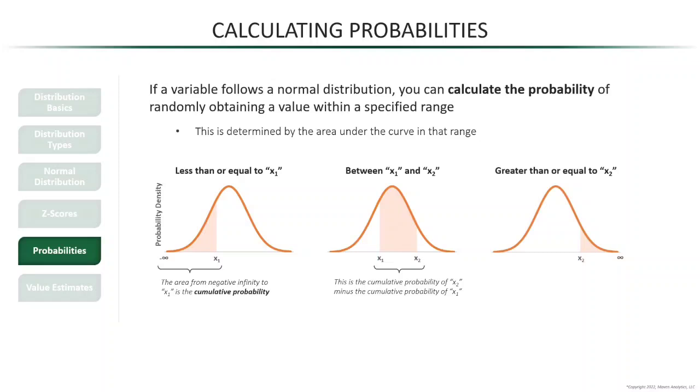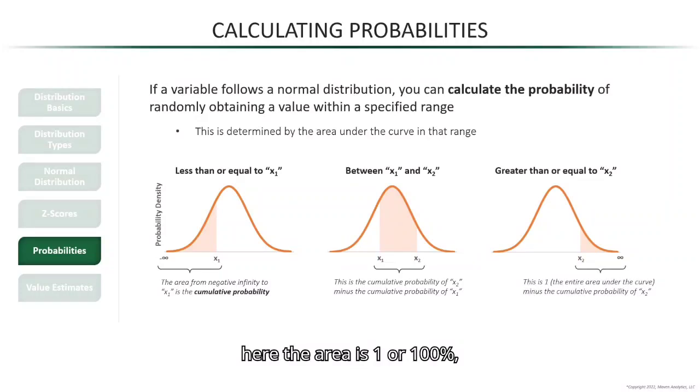And 3, we can calculate the probability of getting a value greater than or equal to x, or x2 in this case. And here the area is 1, or 100%, which represents the entire area under the curve, minus the cumulative probability of x2, which again is the area from negative infinity to this x2 value right here. Now, we'll see multiple examples of these, so don't worry if this doesn't stick yet.